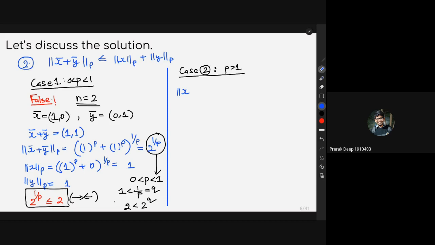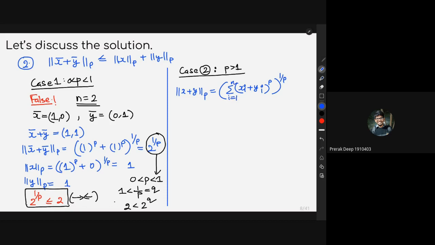So if I start with the p norm of x plus y, what is x plus y to the power p? It is the summation of |xi plus yi| to the power p, and then the pth root of the sum, with i varying from 1 to n.